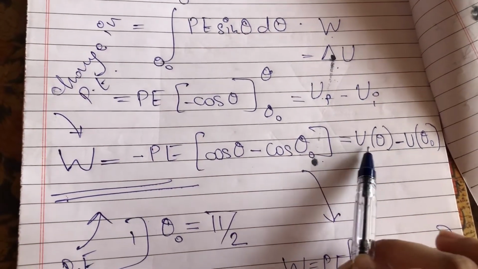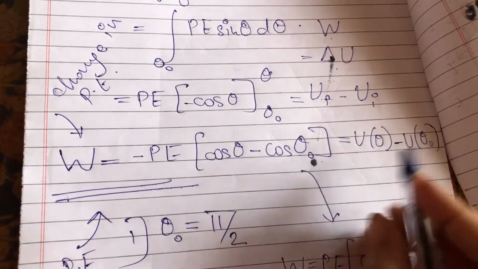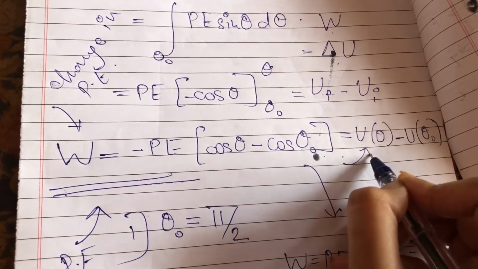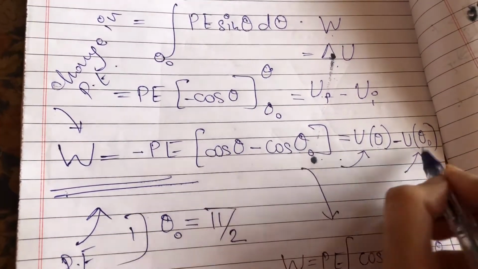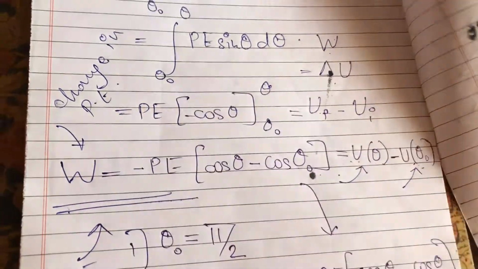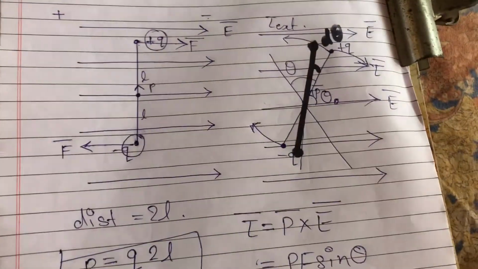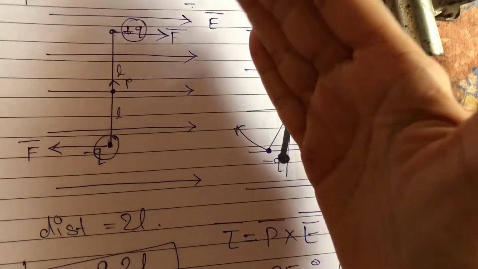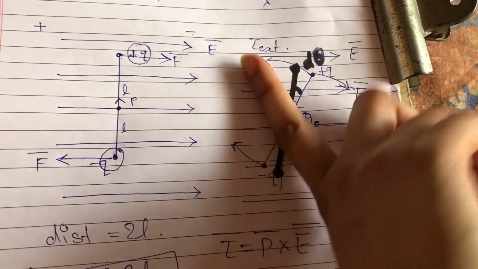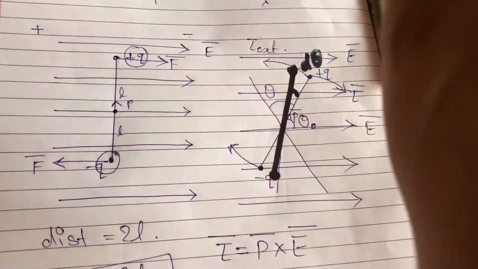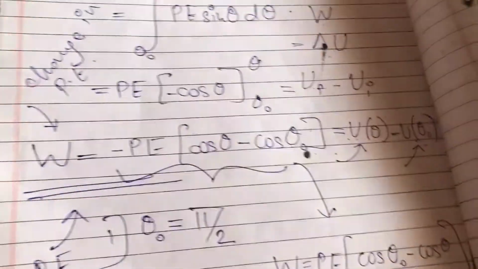Means the change in potential energy is potential energy in the dipole when the dipole is at theta, minus potential energy in the dipole when the dipole is at theta naught. When we subtract these two, we will get the work done, and that is this. Or you can also say work done in bringing your dipole from theta naught to theta. Your potential energy at theta naught and potential energy at theta. So this is final position, potential energy at final minus potential energy at initial. When you subtract, you will get the work done.